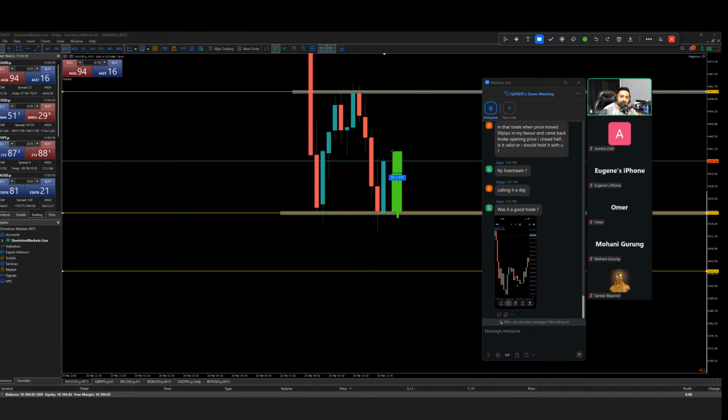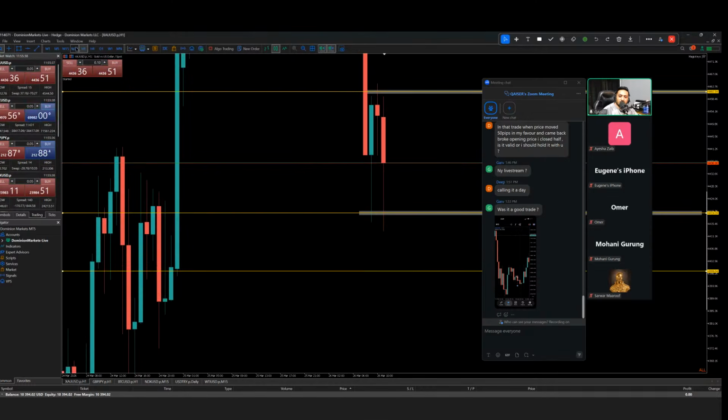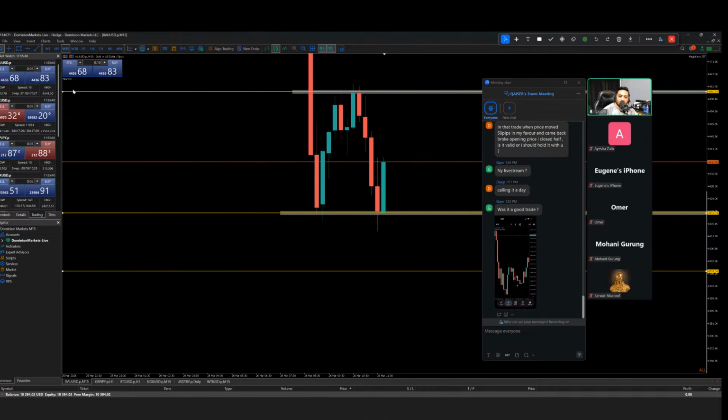If it closes somewhere here, then it has already filled 50% of the range. It's the mid of the range, so taking a buy here could be risky. So now I'm just waiting. Look at this H1, 30 and 15.